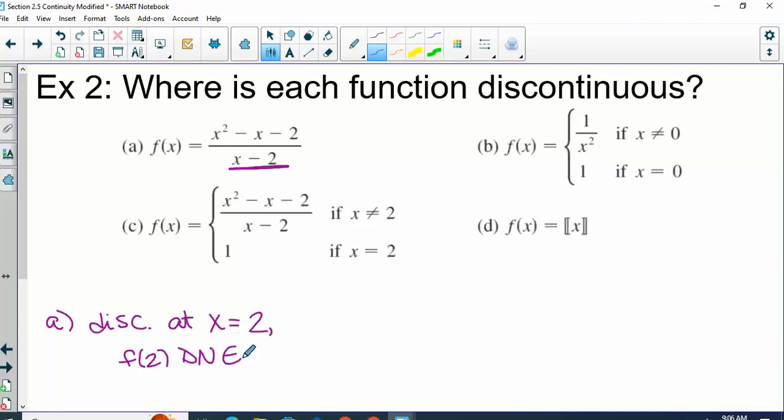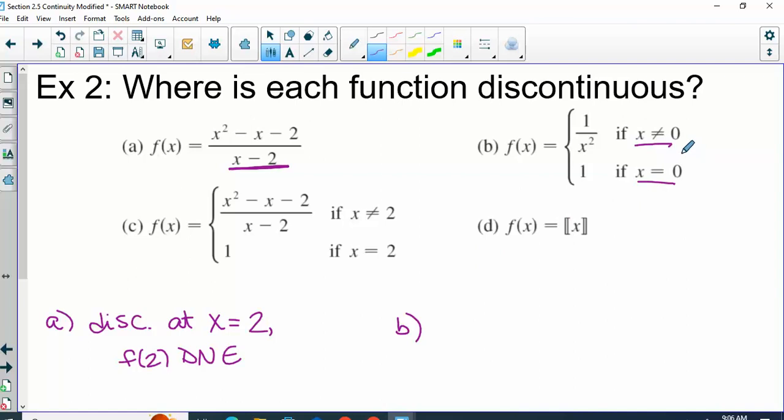All right, B. Can you look at that and tell me where we will probably have a discontinuity? At 0, because that's the breaking point. Now, it's not a guaranteed, because sometimes we have piecewise functions where the two pieces match up and touch. So you do have to be a little bit careful.